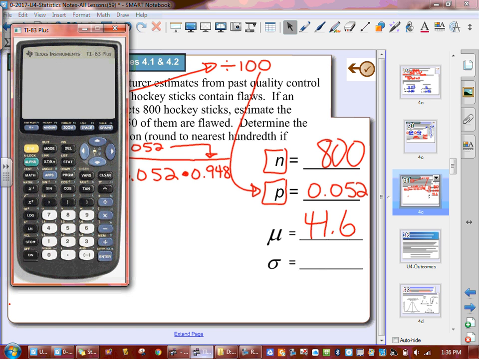So what we're going to type in now is, under the root sign, 800 times 0.052 times 0.948. We just write all the numbers in a row, multiply them, 6.28. That's what we get for a standard deviation.